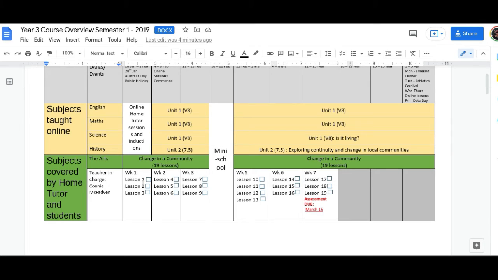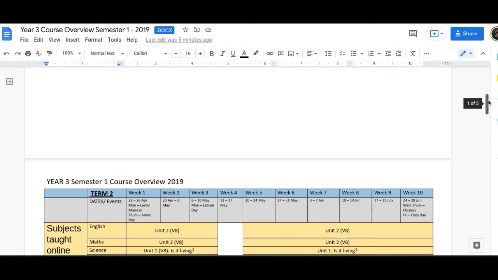Do those. And then up here, we have the third aspect of your timetable. These lessons here are all taught online. You don't need to worry about those. But down here we have the other lessons. So these will be your e-teachers in the younger grades, perhaps science and HASS.